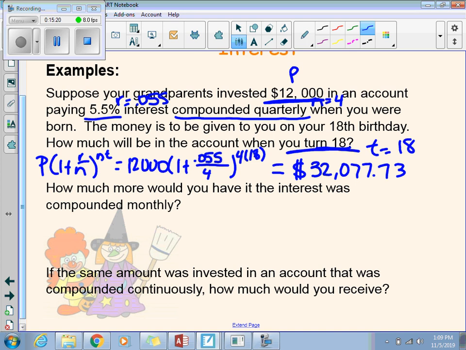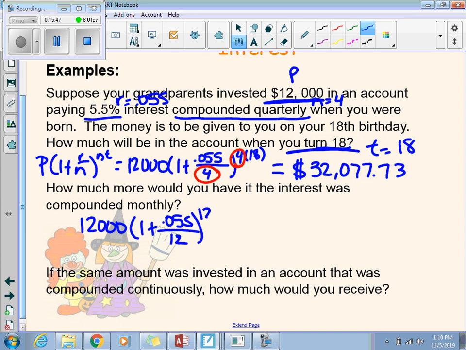Okay, the second question here says how much would you have had if it was compounded monthly? So we're changing just one part of that problem, right? We're changing our 4 from a 4 to a 12. So we're going to have $12,000 times 1 plus 0.055, because the rate didn't change, but we're doing it monthly, so that changed.